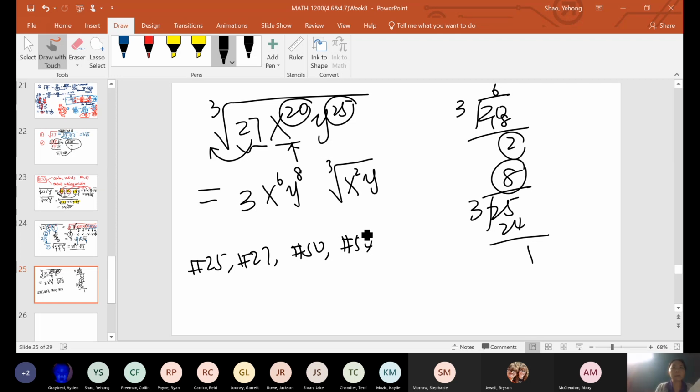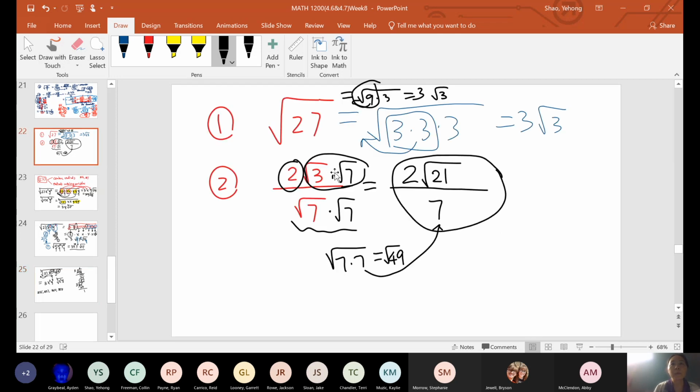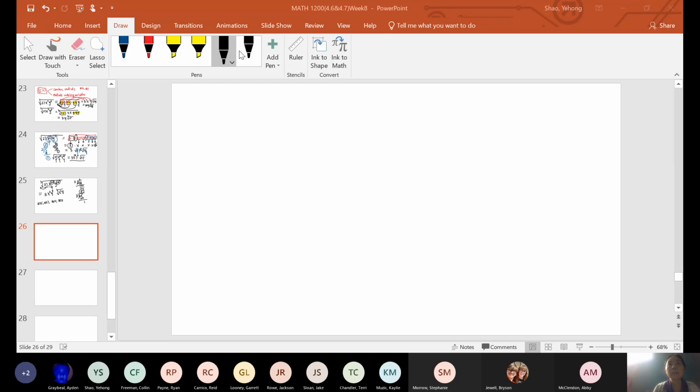Let's see. The last 2 questions are also similar to the one I just asked you to simplify before, the one with the radical in the denominator, but we have variables in there. So let's look at examples similar to that.